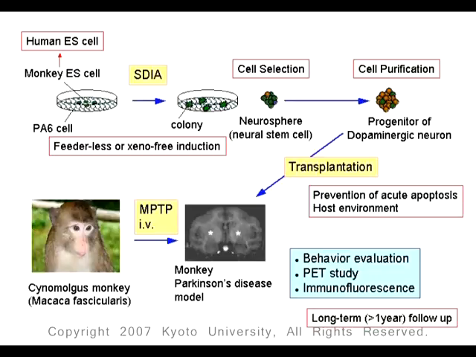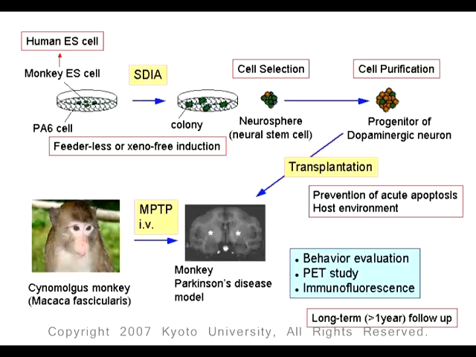So this is the last slide. Roughly speaking, we have succeeded in the monkey model examination. But for clinical application, we have to use human ES cells, which has been proved by a lot of laboratories. Also, we have to develop an induction method that is feeder-free or gene-free, and also prevent tumor formation.